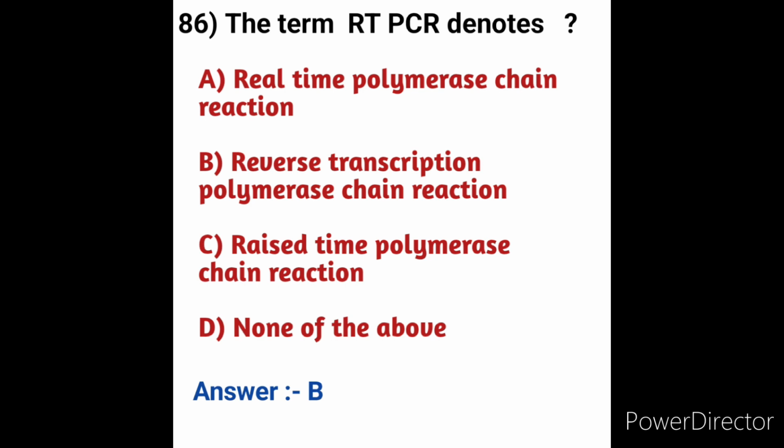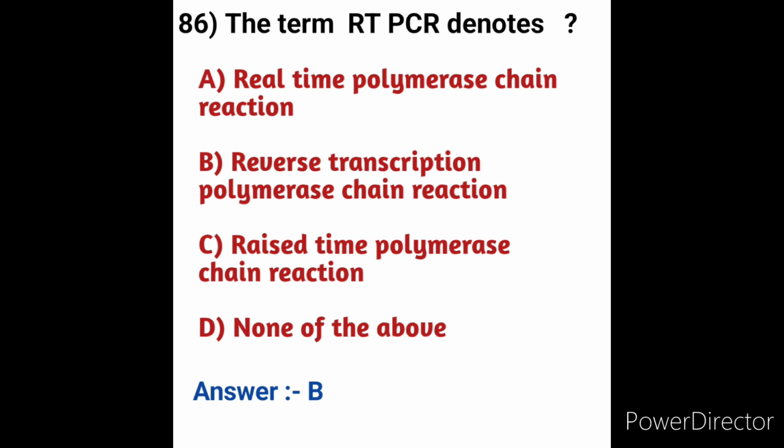Here, RT-PCR means reverse transcription polymerase chain reaction, so option B is the correct answer. RT-PCR is a test for the quantitative detection of nucleic acid from SARS-CoV-2 in upper and lower respiratory specimens. A nasopharyngeal or oropharyngeal swab is taken for the diagnosis of COVID-19.